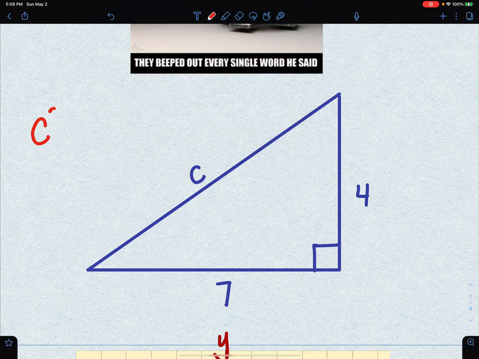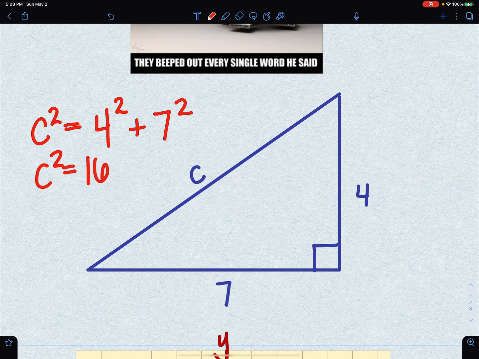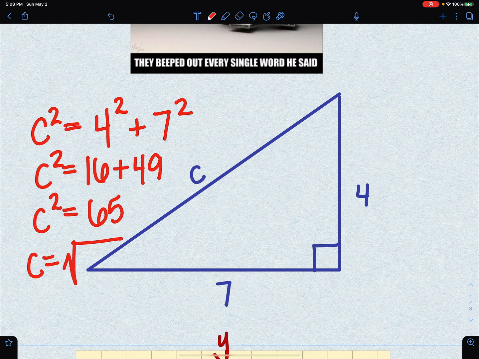C squared is going to be equal to 4 squared plus 7 squared. So C squared is equal to 16 plus 49. C squared is equal to 65. So C is going to be the square root of 65, and then we can just leave our answer like that, okay?